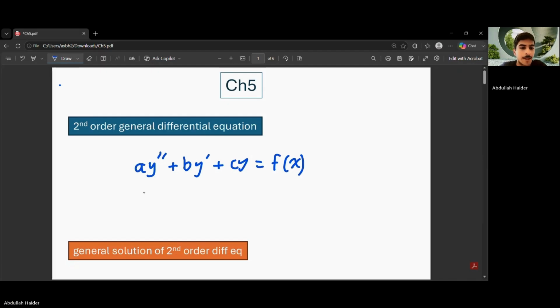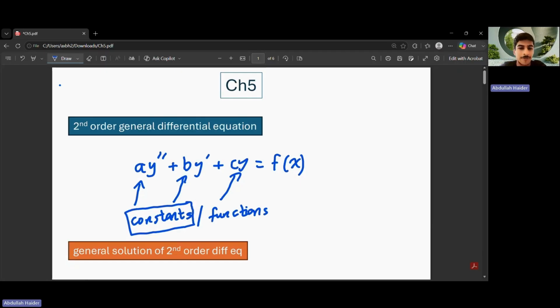Here, these coefficients can be constant numbers, or also functions. In chapter 5 we will only be looking at the constants.